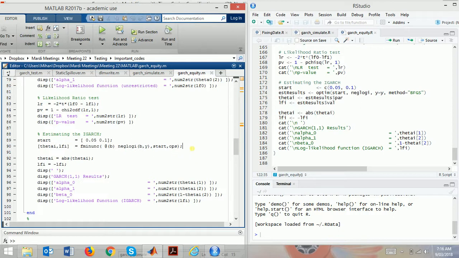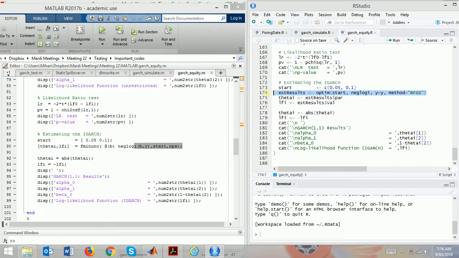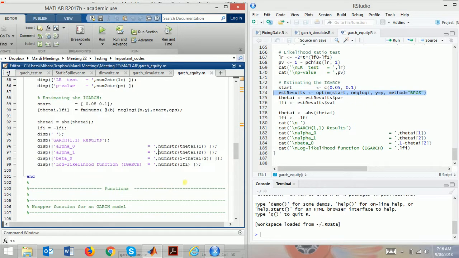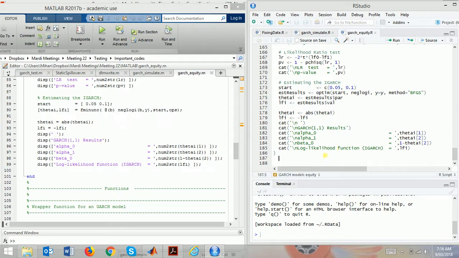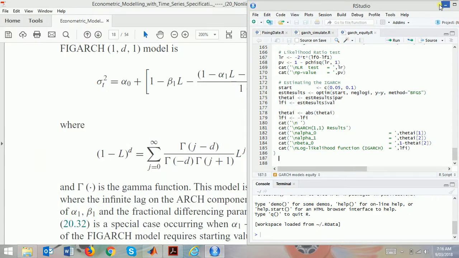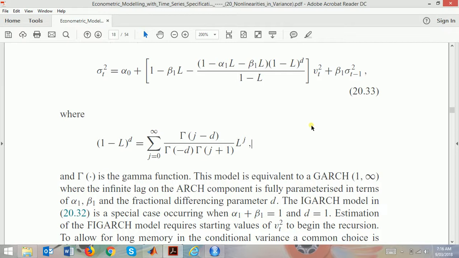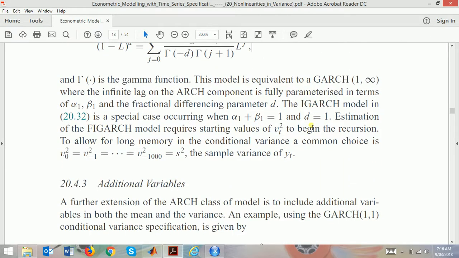And then we just do the regular thing that we always do. Neg log I, call the function, by method BFGS, results are found. That's all. Very simple.